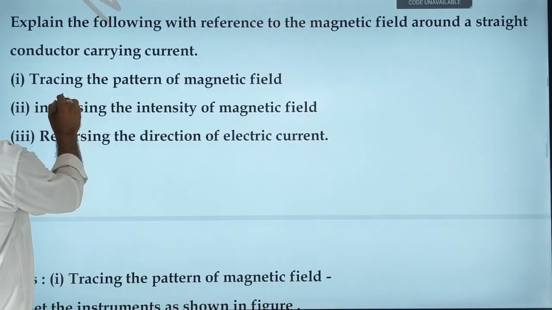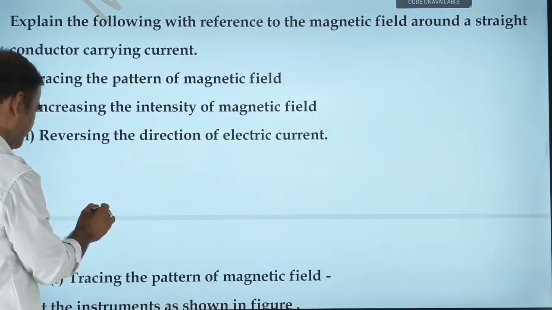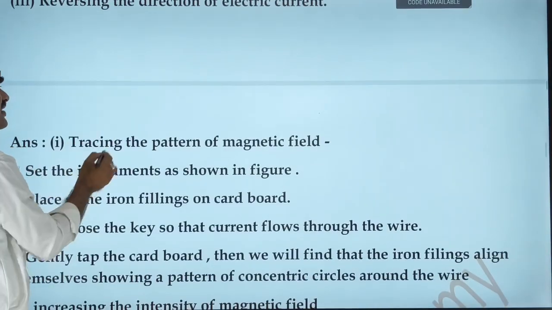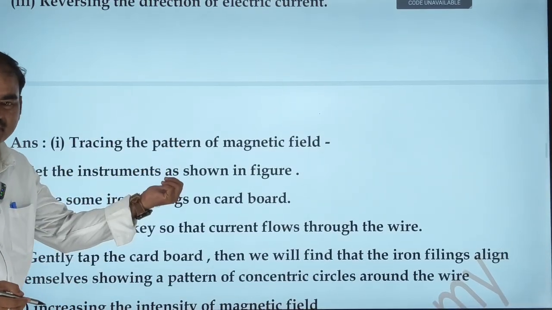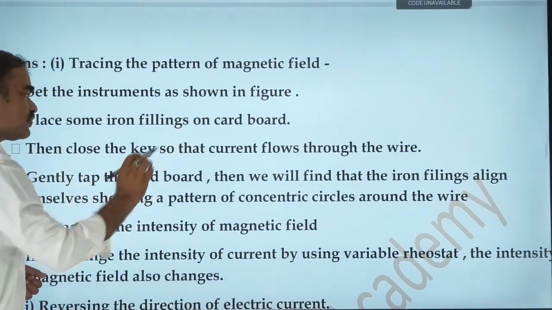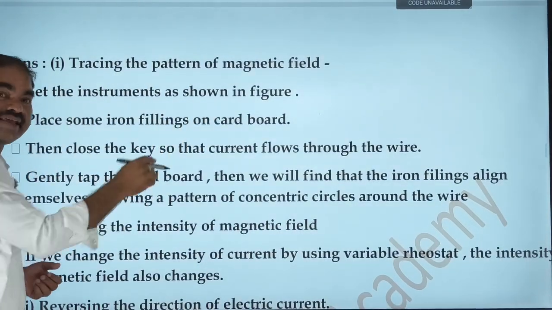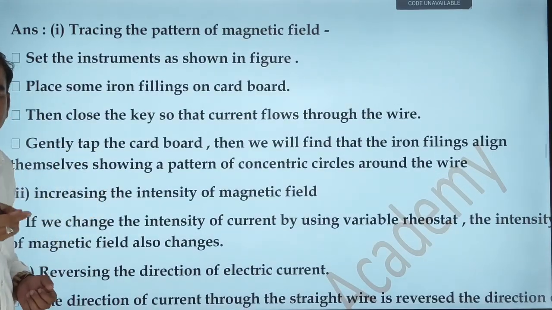Here the first question is tracing the pattern of the magnetic field. For this, first you have to set up the instrument as I showed in the diagram. Second, drop some iron filings there, close the key, and gently tap the cardboard.